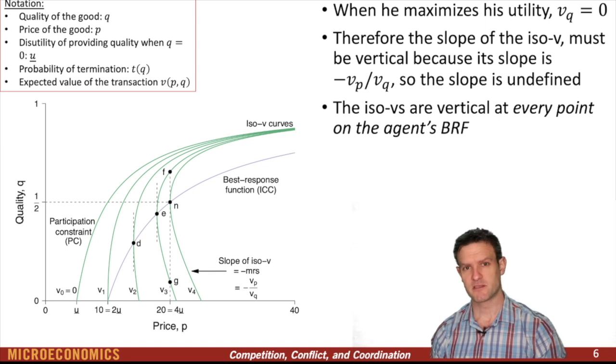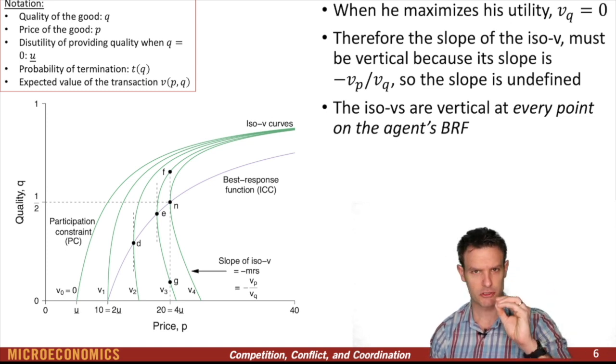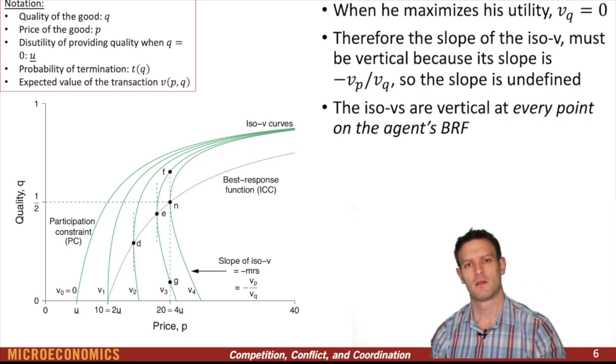When Armand maximizes utility, we know that V sub Q equals 0. That's what we had to find, right? We had to find the derivative of the isovalue curve with respect to Q, and that's V sub Q. When that happens, we can say that the isovalue curves must be vertical at that point. Why do we know that?